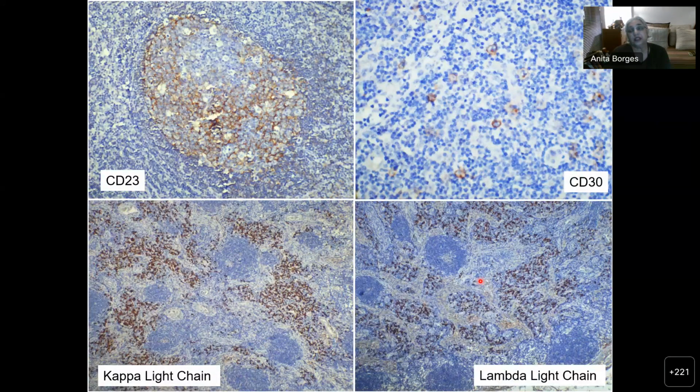In the germinal center you don't just have B cells and T cells, and the B cells are CD10 positive. You also have a follicular dendritic cell network, which is an antigen presenting network for the B cells. Here you have CD23, and you see how exactly like a network it is.